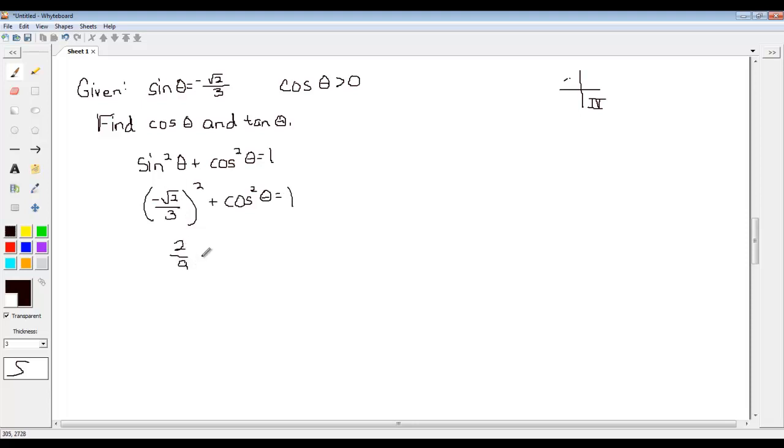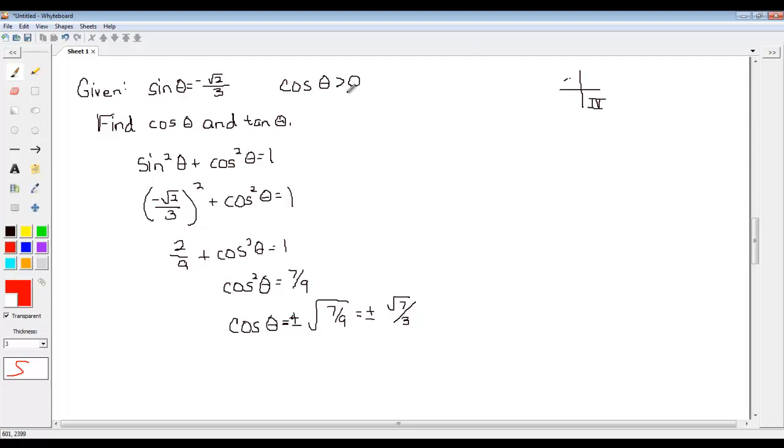So 2 ninths plus cosine squared theta equals 1. So cosine squared theta must equal 7 ninths, because 9 ninths minus 2 ninths gives you 7 ninths. So to get cosine theta, you get plus or minus the square root of 7 ninths, so plus or minus square root of 7 over 3.